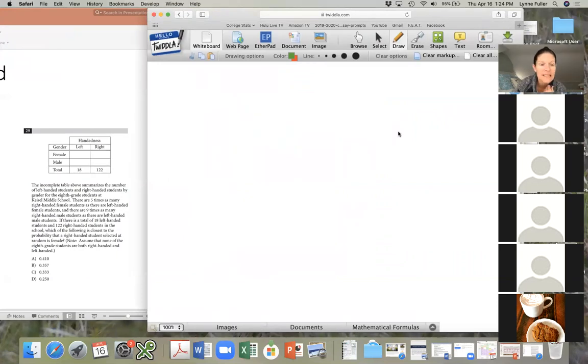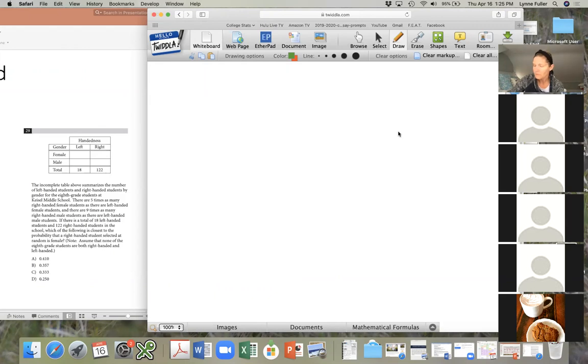So the incomplete table above summarizes the number of left-handed students and right-handed students by gender for the 8th grade students at Keisel Middle School. There are 5 times as many right-handed female students as there are left-handed female students.